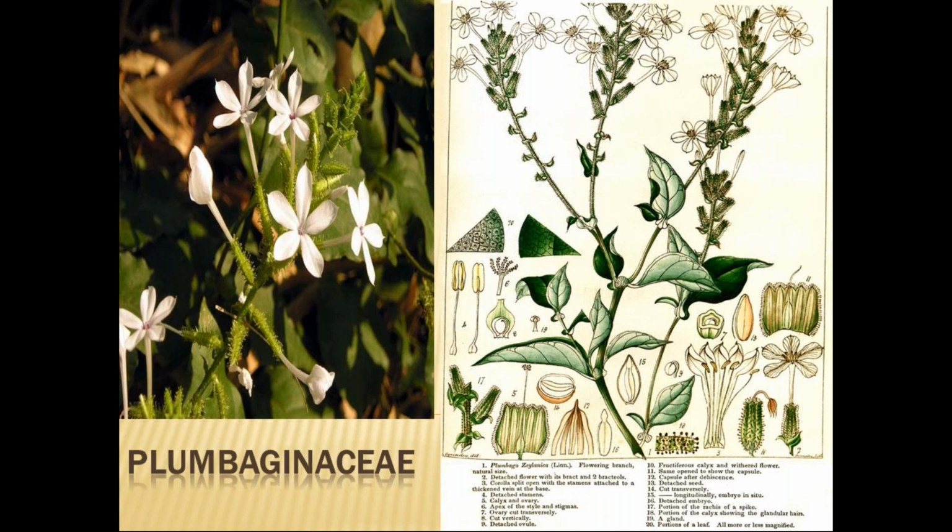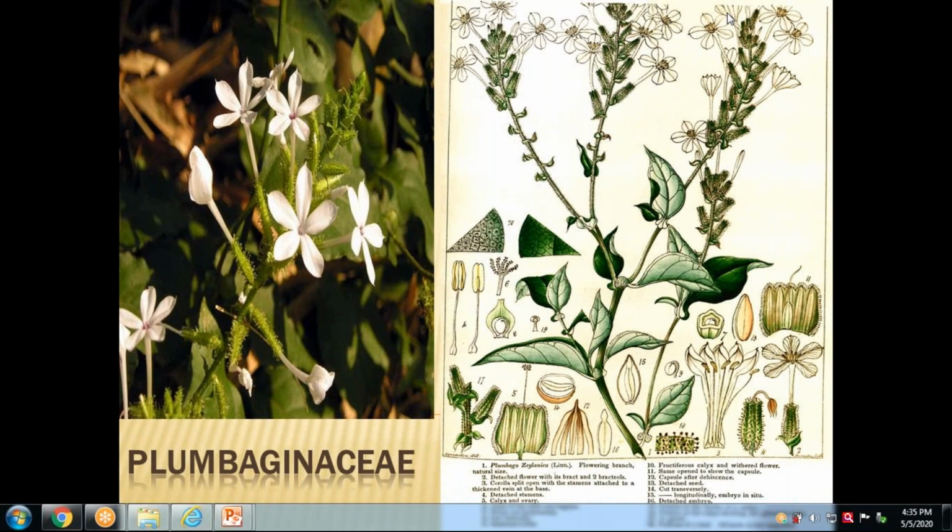Plumbago is the only genus present. Everybody has seen it. Plumbaginaceae is one of the monogeneric families, that is Plumbago is the genus seen in this particular family.